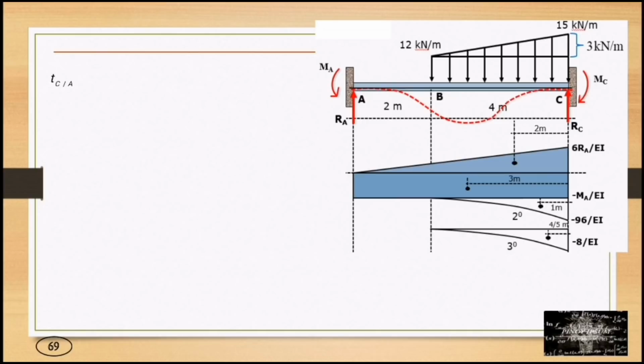So, we have TCA is equal to 1 over EI times the area of moment diagram between A and C times the X bar C is equal to 0.